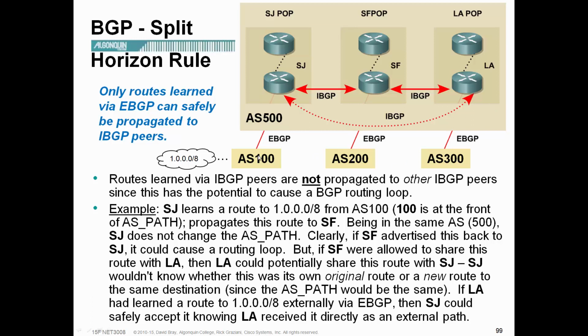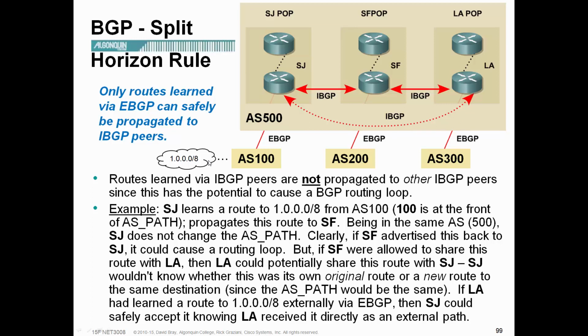AS100, and I don't show the router there, is peered to SJ in AS500. So that's an external BGP connection. Similarly, there's a router that's not shown in AS200 externally peered with SF or San Francisco, and there's a router here in AS300 not shown peered with LA or Los Angeles.